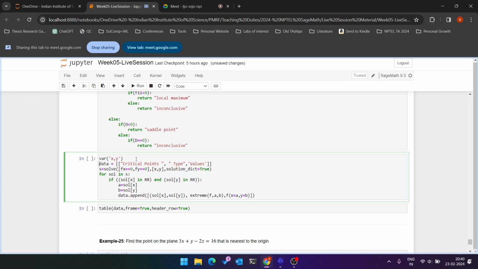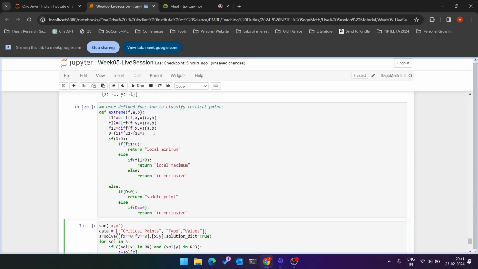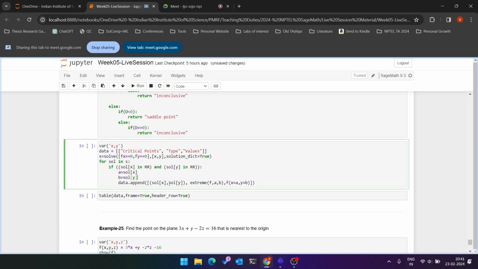I again specify my variables x and y, write down my data array which contains critical points, type, and values, and then I solve for all the critical points, first derivative with respect to x and with respect to y both being vanishing, and then provided that my solution x and y coordinates are real, I append them to my data along with the value of the function that I obtain, as well as whatever this extremum function returns.